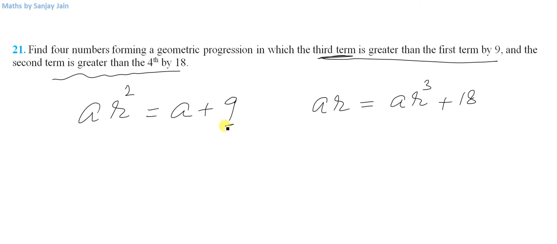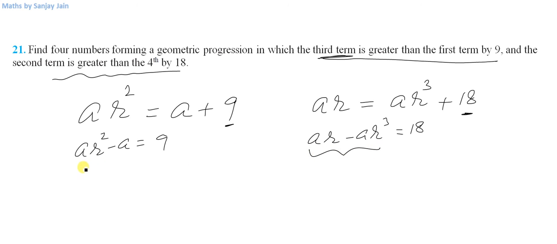So I see 9 here and 18 here. If I write it as AR squared minus A equals 9, and AR minus AR cubed equals 18, this is just the double of this, right? If this is equation number 2 and this is equation number 1, I want you to divide equation 2 by equation 1.